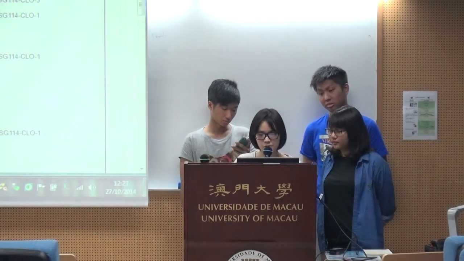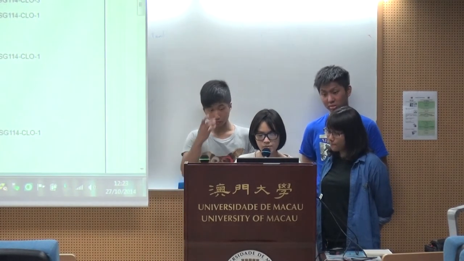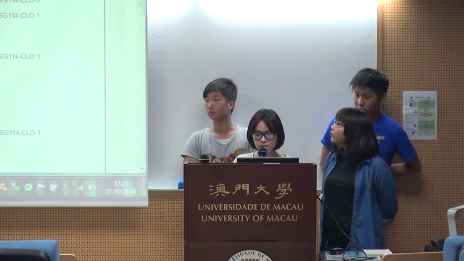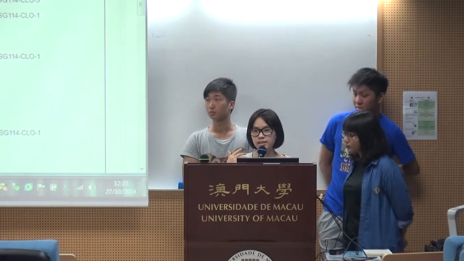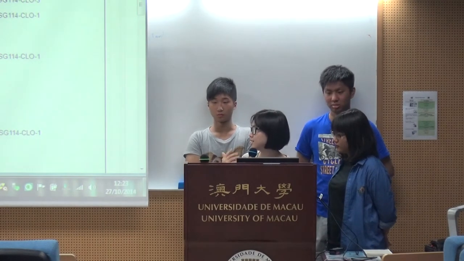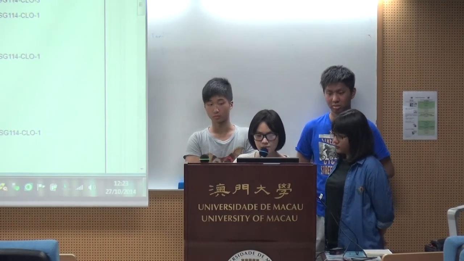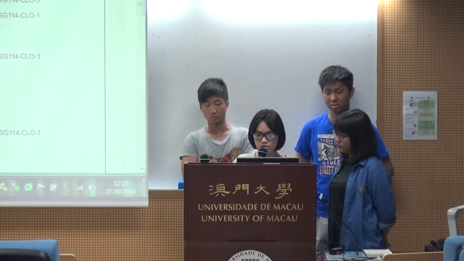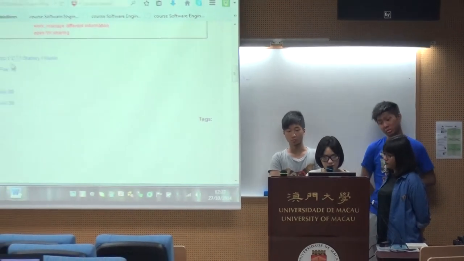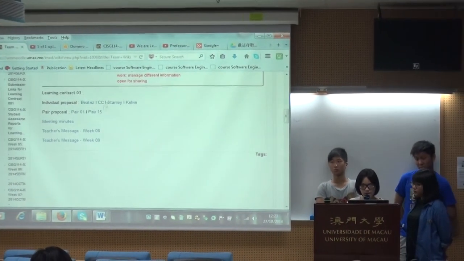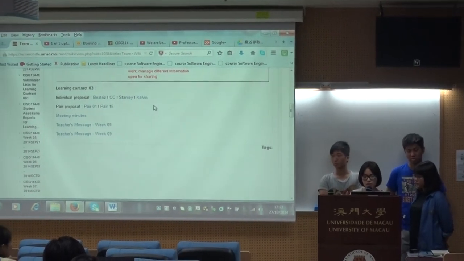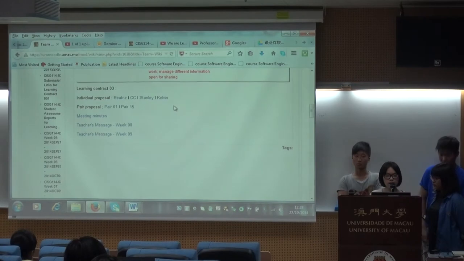So let's see our team wiki. We put these 2 styles on the wiki so that we are clear and sure what these 2 styles do. So we highlight the information, and then we put our individual proposals here for everyone to download and see what everyone's proposal is about.